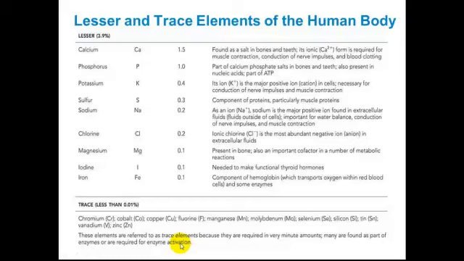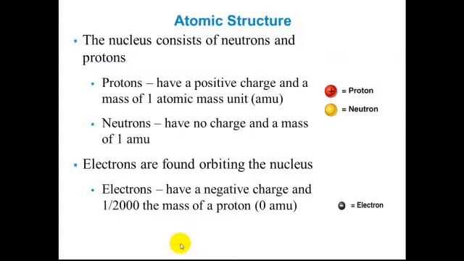Now, all of these differences that we see in elements all actually have the same basic structure. All atoms are composed of 3 main subatomic particles. Okay? We have the proton, which we usually depict as being a plus. Okay? Protons have a positive charge, and they have a mass of 1 atomic mass unit, or AMU.